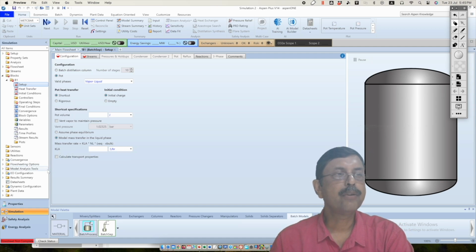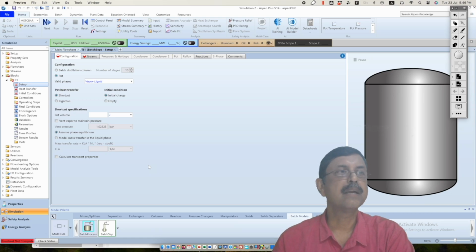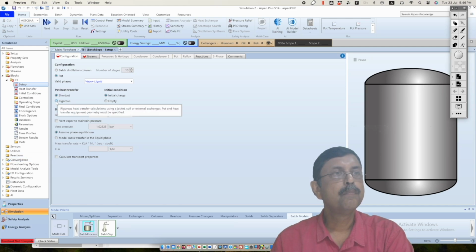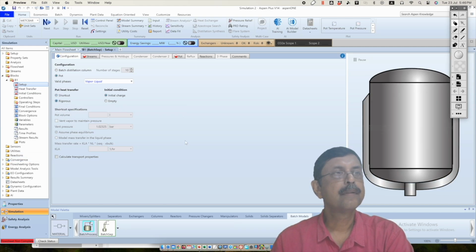So the KLA you have to provide. If you tick the calculate transport properties over here, then the transport properties will be calculated. And if you assume phase equilibrium, that means the phase equilibrium is achieved inside the pot. So that's exactly what it means. And if you put it as rigorous, then the rigorous calculation will be done in the system, and you do not have to give any information of this nature.